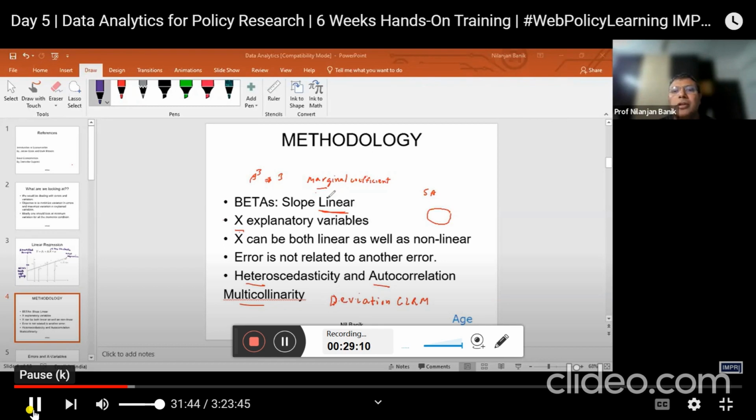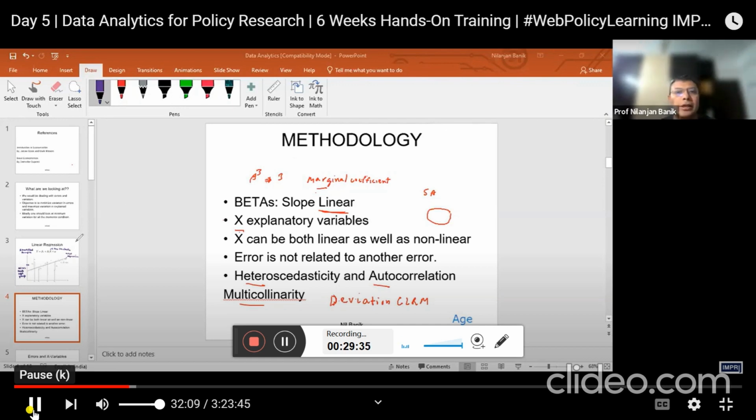So basically the independent variables that we are considering are independent of one another. But if they are dependent on one another, then we have a problem, and that is called multicollinearity. I will also showcase how you can detect multicollinearity in the next class.